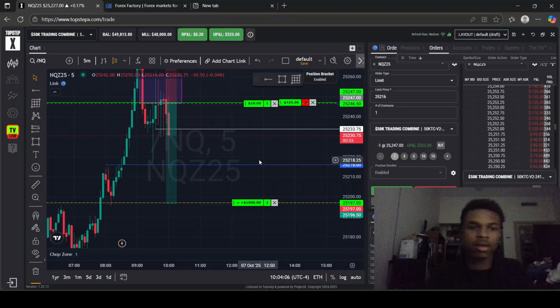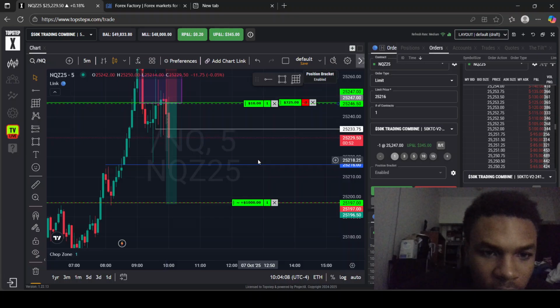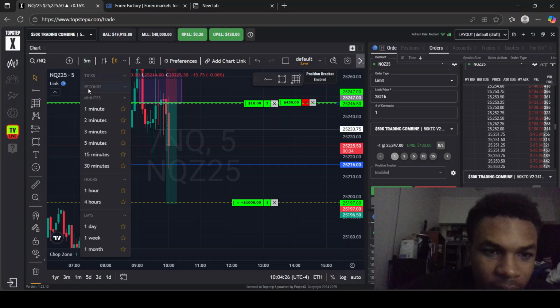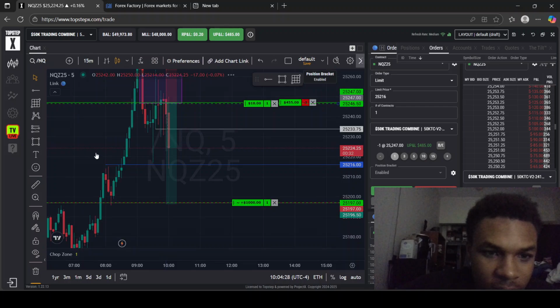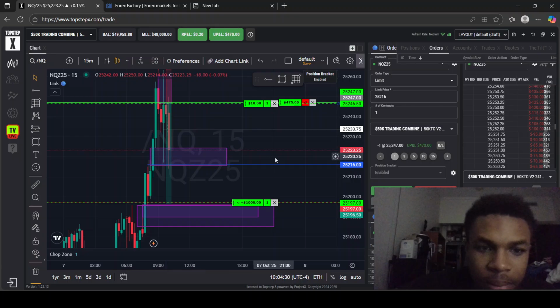Because we got the higher time frame break of structure. Hopefully we hold this for the next minute. If we don't hold it, I'll close the full trade and just walk out. Got 40 something seconds left, bro. Please hold this shit. The reason we may not hold it is because we tapped into this 15-minute fair value gap.